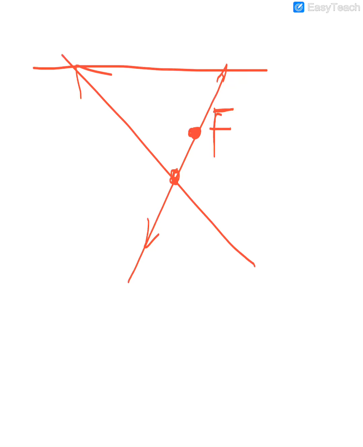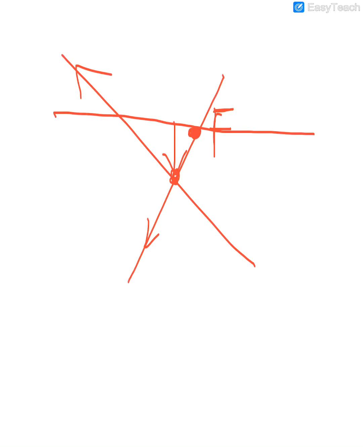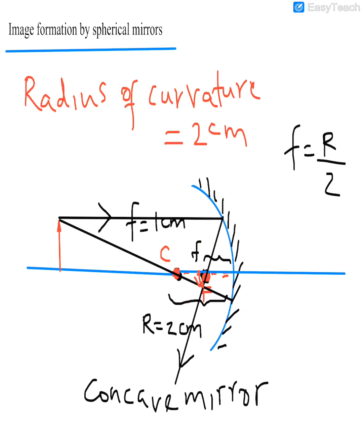You can imagine. Since you marked F here, now you can see this is your image point. That is what happened in the previous case. Okay, so this is the size of the image. You can compare object and image.